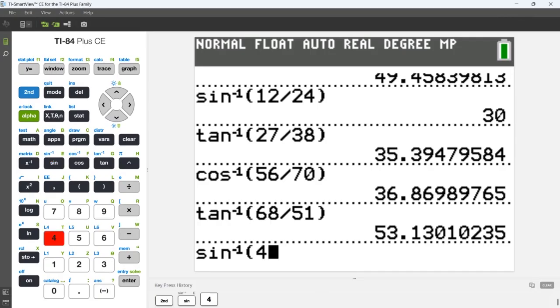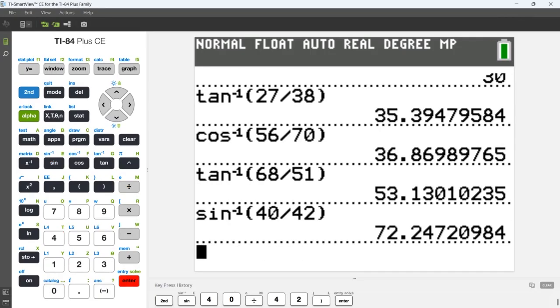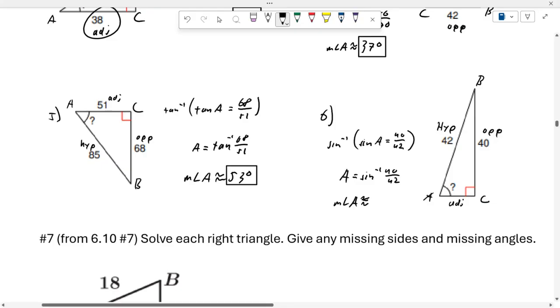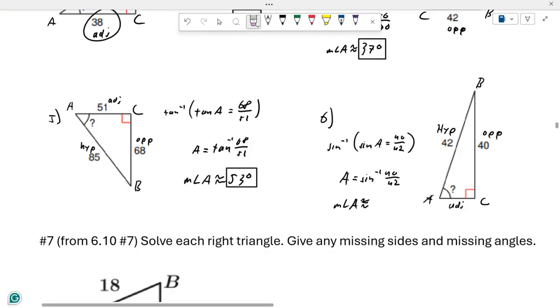Sine inverse 40 over 42, which is 20 over 21. Rounding to the nearest degree, we get 72 degrees. So this is approximately 72 degrees.